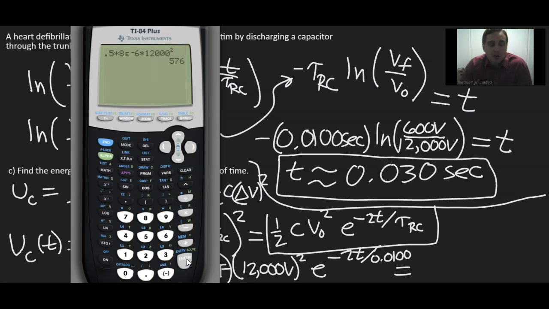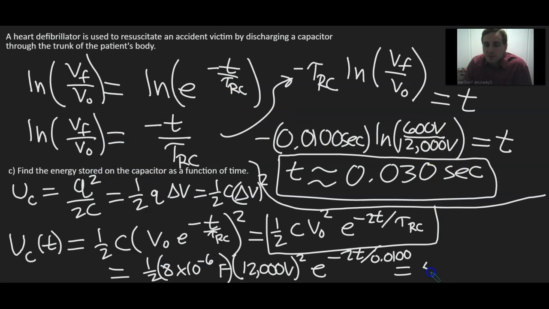Okay, so that should be our coefficient, 576. So first off, our leading coefficient should be 576. Now that should be the initial energy, by the way, because this exponentially decays as well, but a little faster. 576, that's units of joules.